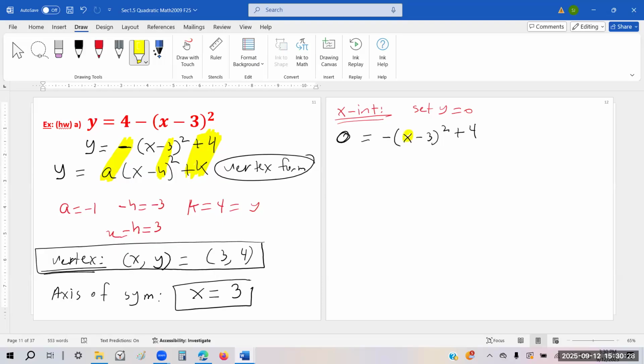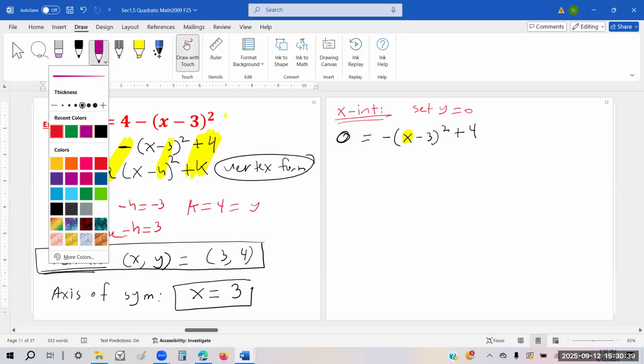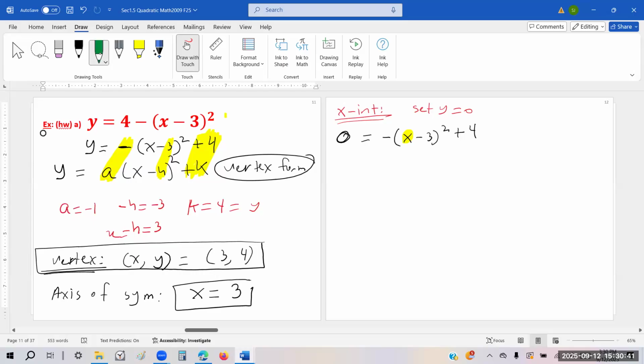Our goal is to get this x alone, so get rid of everything else from x. Which one do you get rid of first? There are so many things next to x: minus in the front, 3 on the right side, and 4 on the farthest. 4. Good job. So you subtract 4 from both sides. So -4 equals negative (x minus 3) squared.